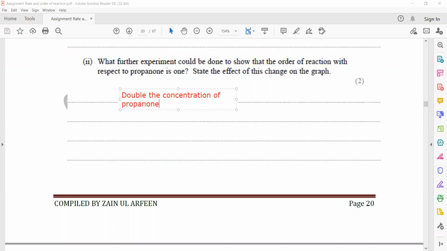Because it is first order, we can double the concentration of propanol, and then draw a graph between rate and concentration.